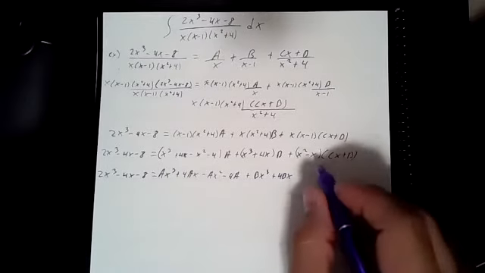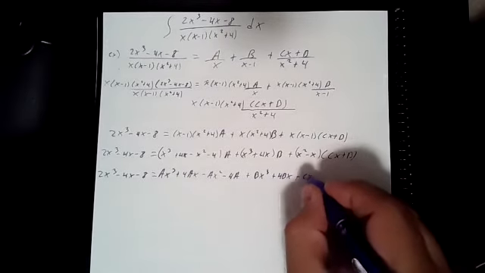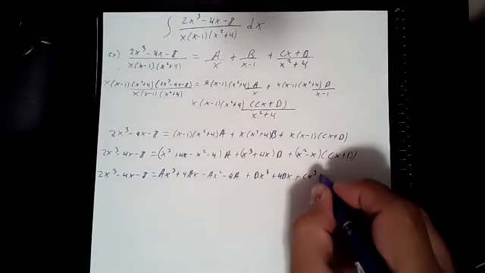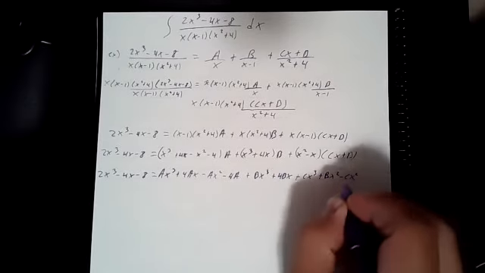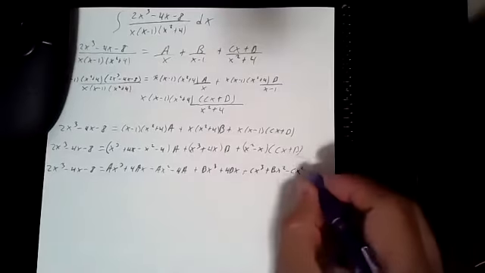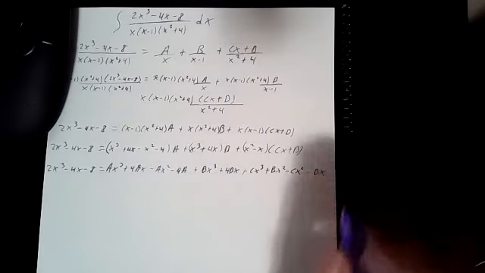Distributed B. This will have to be a FOIL, sadly, so that'll be Cx cubed plus Bx squared minus Cx squared minus Dx.